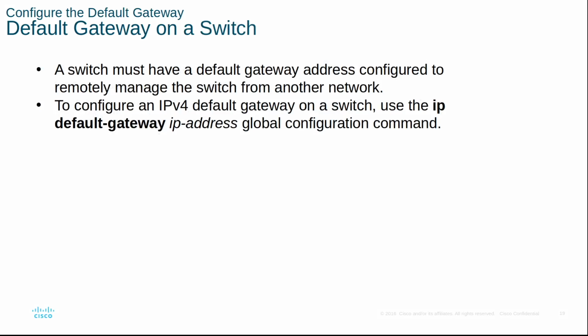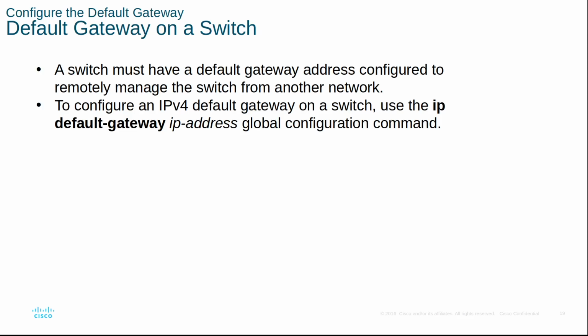Now you might want to configure these on a switch, and in fact you already have in the labs as part of the configuration. Why would you want to configure these on a switch? Well, if you want to remote access that switch to manage it from another subnet, then you have to provide the default gateway to the switch, and that's going to be the IP address of the directly connected router.